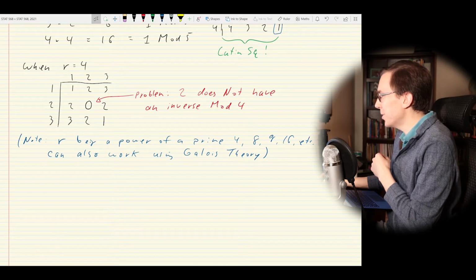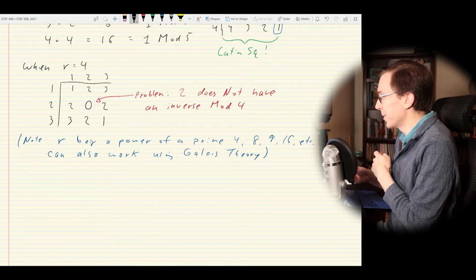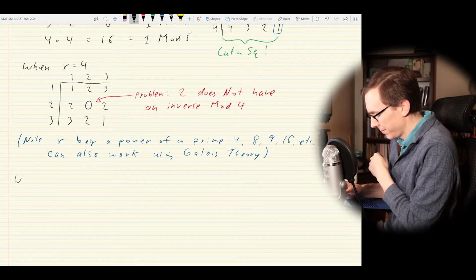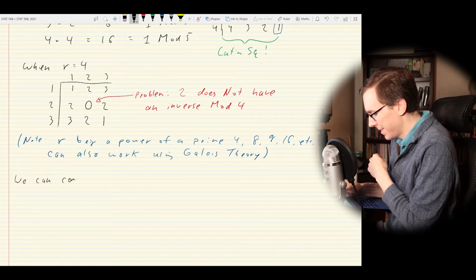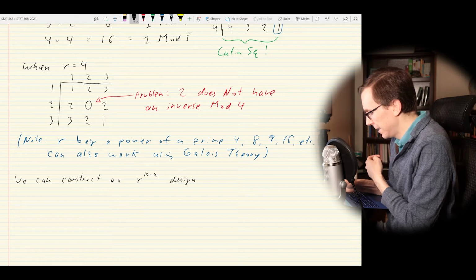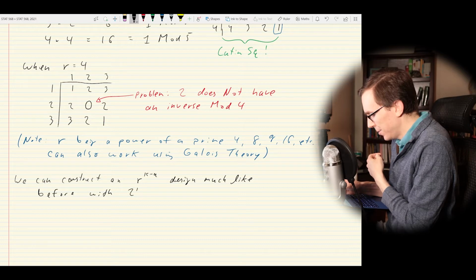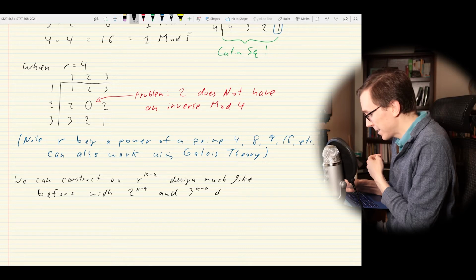Anyway, what do we want to do? Well, let's just talk about this in general. We can construct an r to the k minus q design, much like before with the 2 to the k minus q and 3 to the k minus q designs.